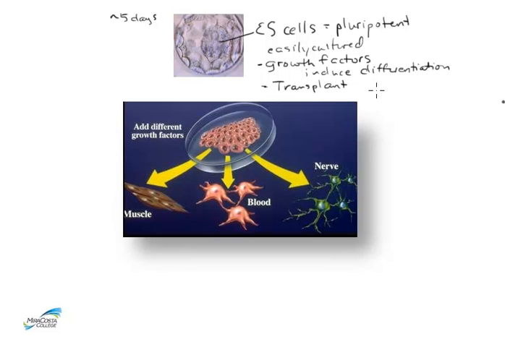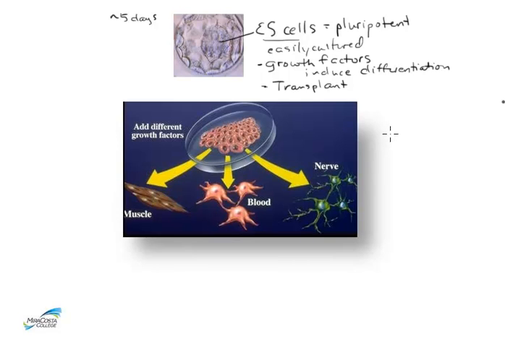So the potential is definitely there with using embryonic stem cells to be able to come up with therapeutic interventions for these diseases to replace damaged tissue or cells that have been lost and potentially relieve the symptoms of the disease. So in theory, this kind of an intervention should be relatively straightforward, right?